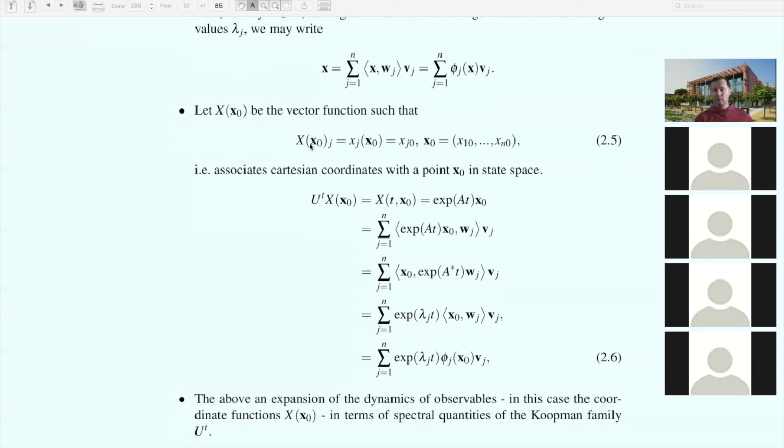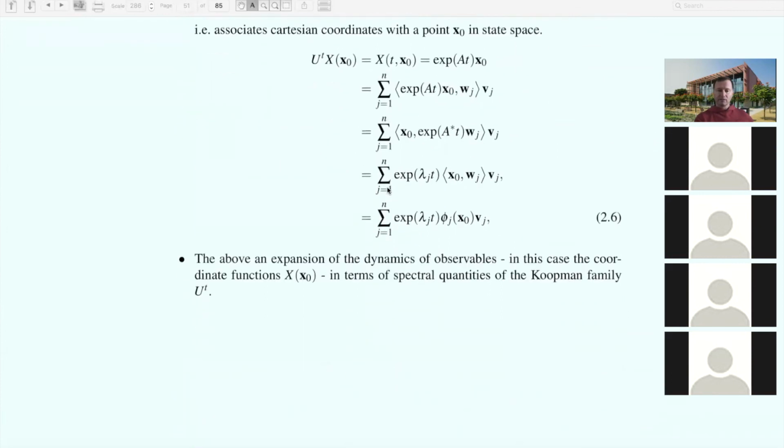Here we chose what are called state observables. So we just chose to observe states of evolution, x1, x2, x3, and so on.